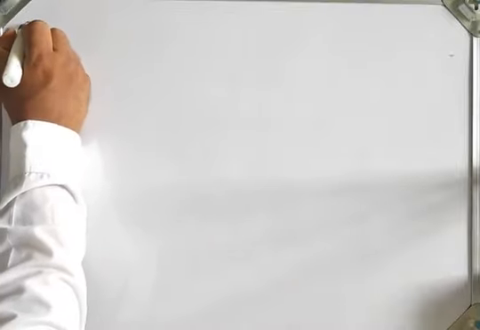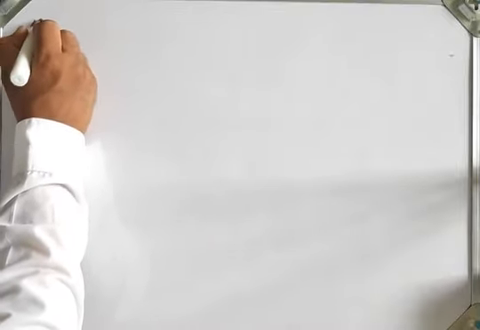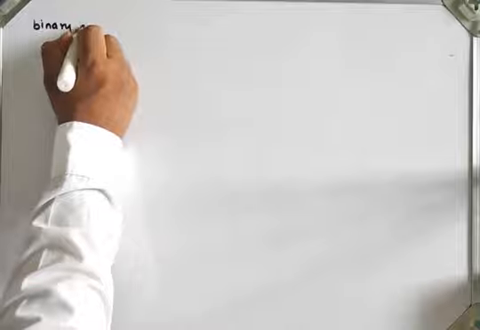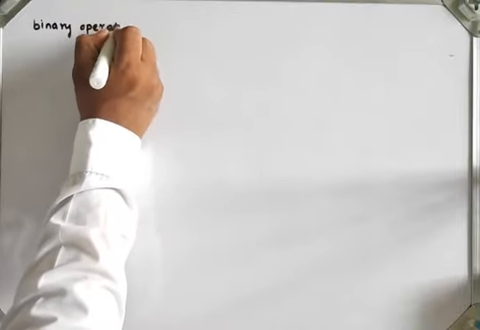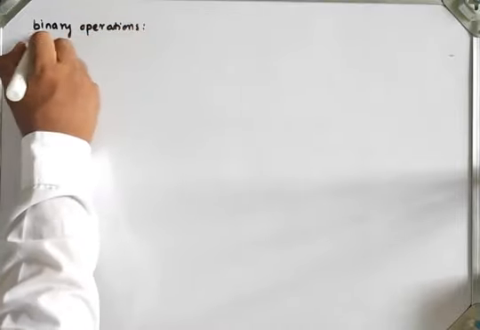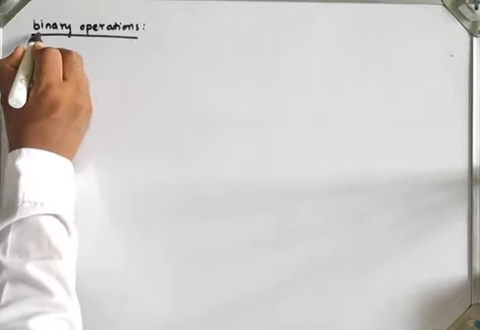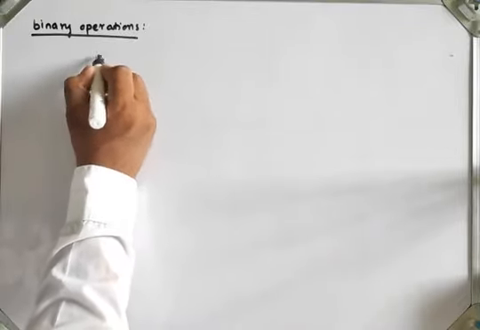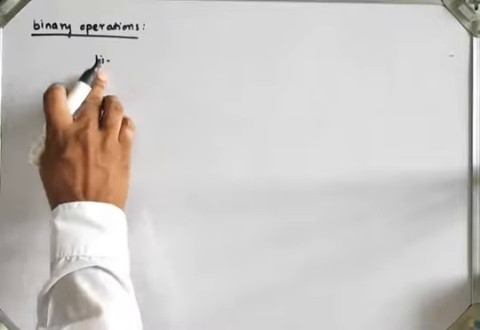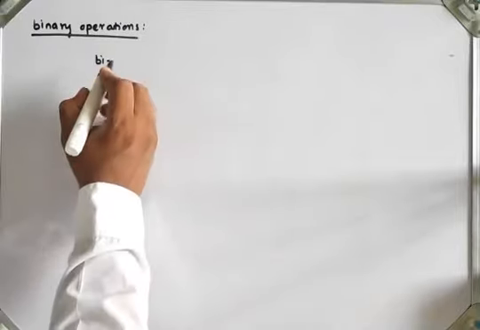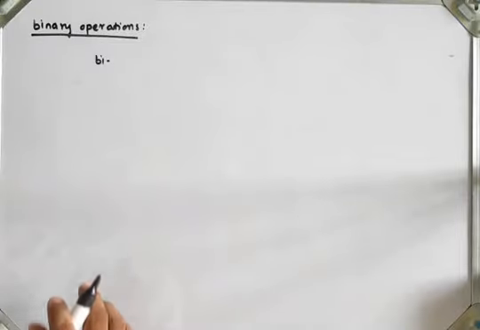Next we will see binary operations on R. So let's see the definition. What is meant by binary operations? The word binary means 2. So we take 2 elements from a particular set.